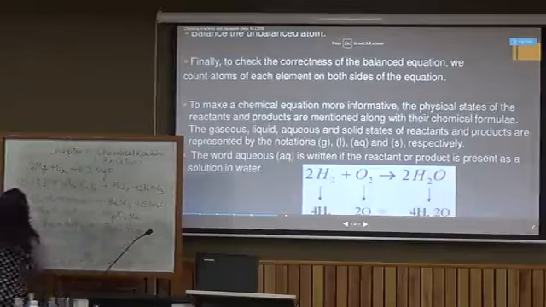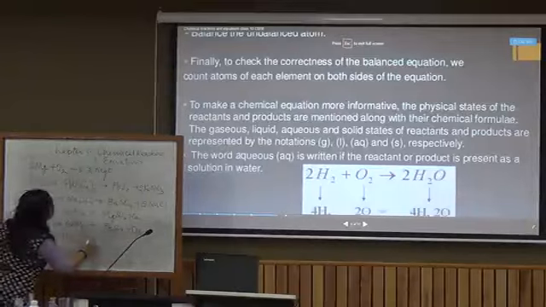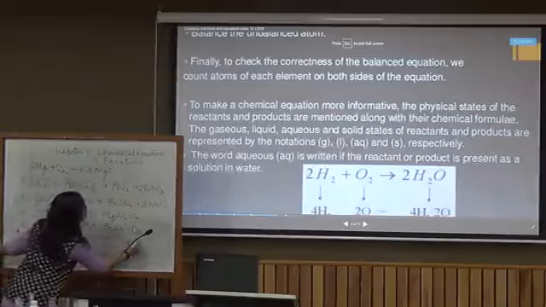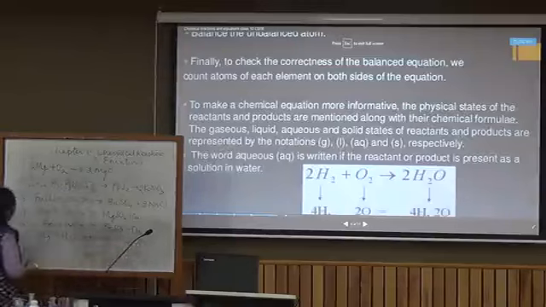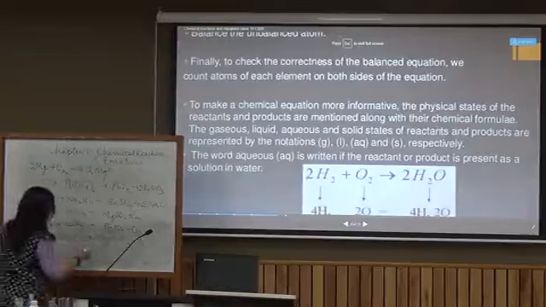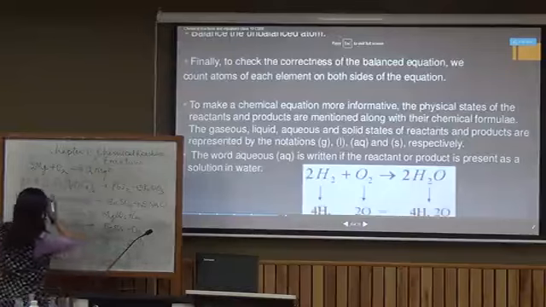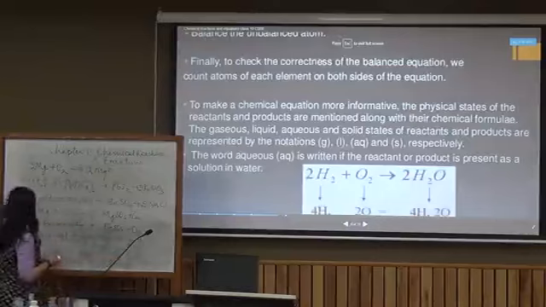Then there was one more reaction that we talked about, that when magnesium reacts with water it forms magnesium hydroxide and hydrogen gas is separated. So when we balance this, hydrogens 2 and oxygens 2, hydrogens are 4. This is balanced now.